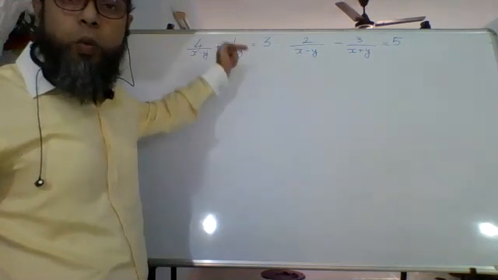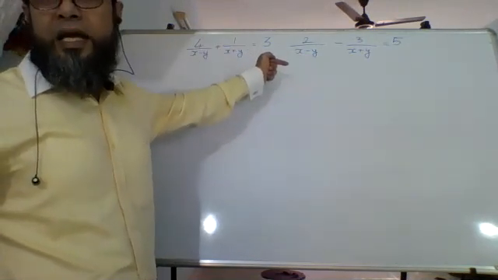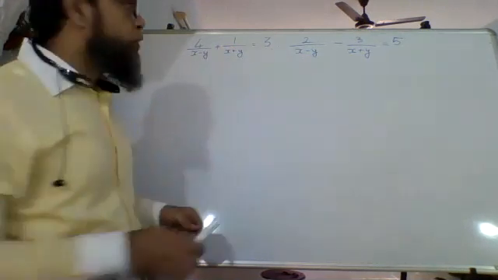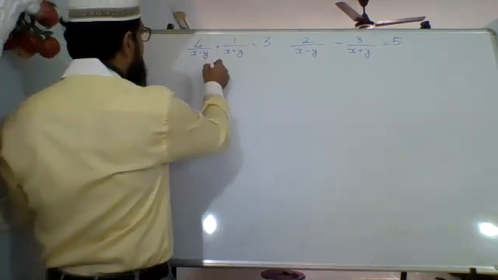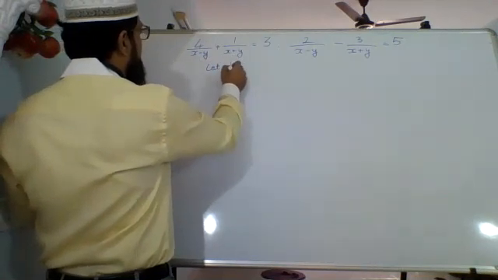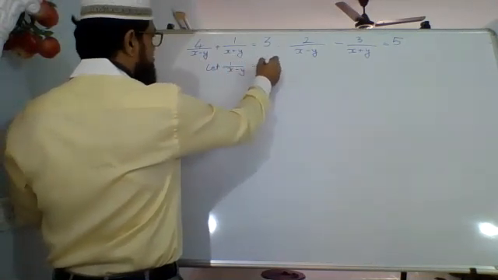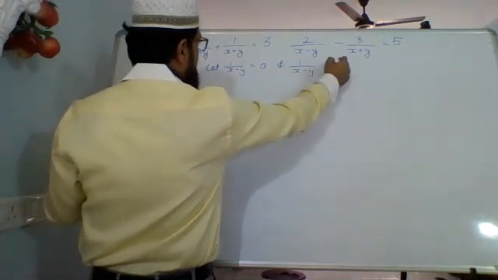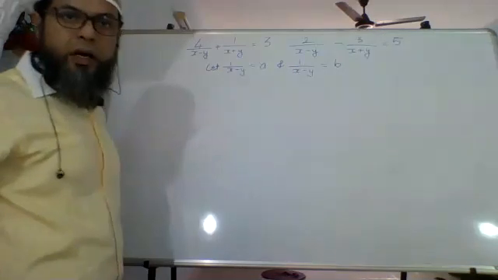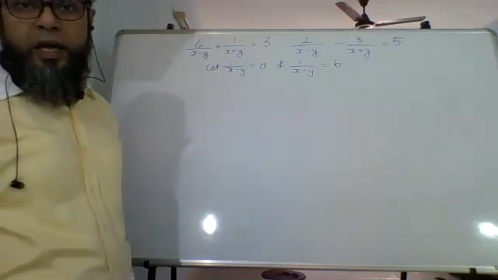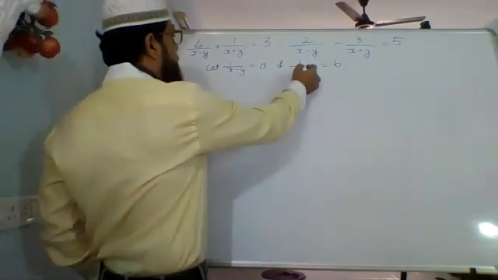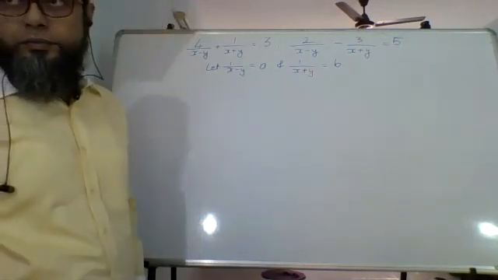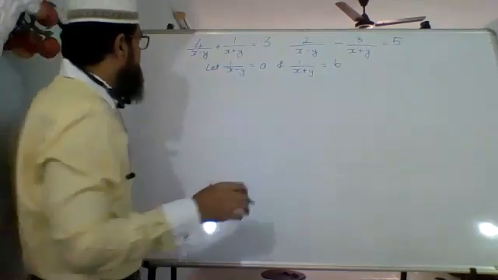So I'll let 1 upon x minus y equal to a and 1 upon x plus y equal to b. So now what will be the equations?